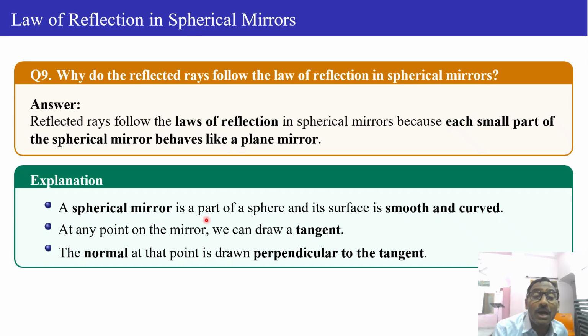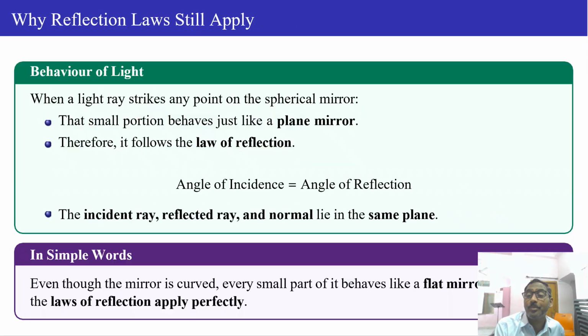A spherical mirror is part of a sphere and its surface is smooth and curved. At any point on the mirror, we can draw tangents. The normal at the point is drawn perpendicular to the tangent. Why do reflection laws still apply? When a light ray strikes any point on the spherical mirror, that small portion behaves just like a plane mirror.